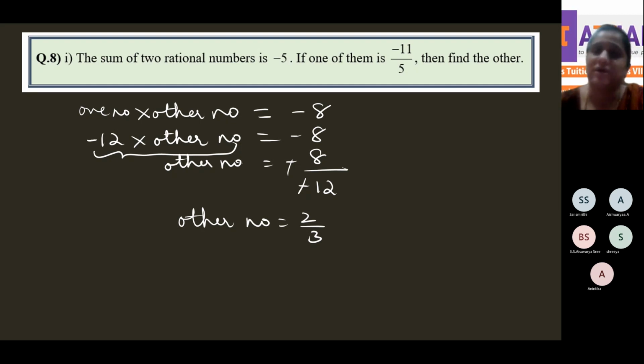There's another girl in the class, so we'll discuss the answers to that assignment in the next class. I'll just share the same with her and give her time to finish. So next class, we'll definitely share the answers to the assignment I posted earlier. Yeah, the other number is 2 by 3, children. Fine.